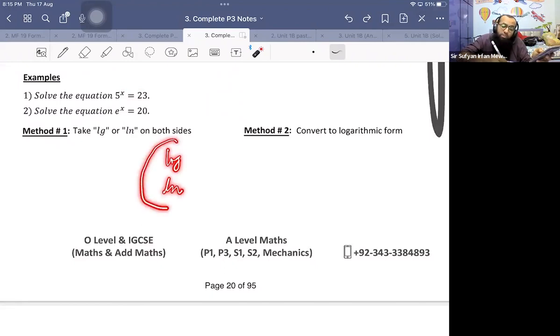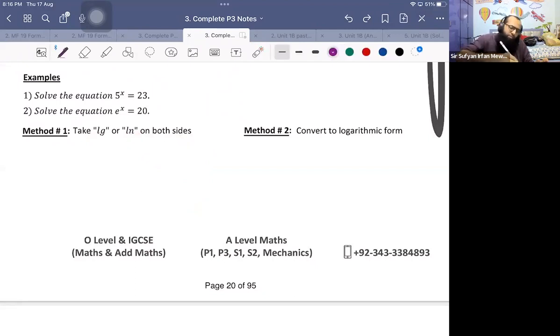Now, when these two keys are present in a calculator, it's better to take these kinds of log because it is quicker. We will not have to enter the base in such cases. So that is why method number 1 says we can take any kind of log, like log with any particular base, but it's better to take LG and ln. That is why method number 1 instructs you to take LG or ln on both sides.